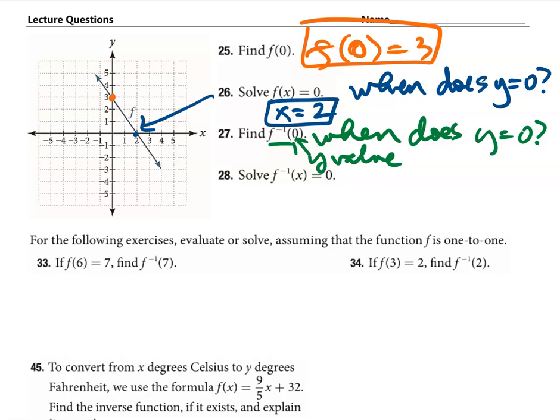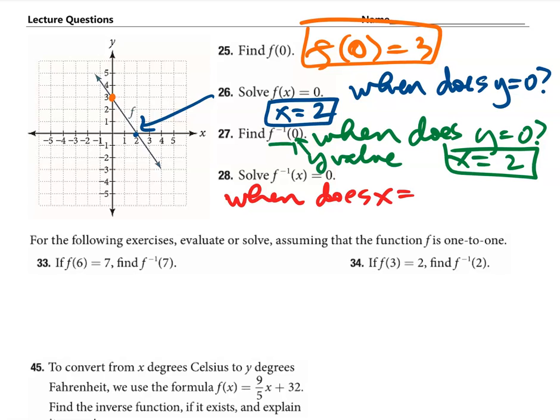That's a y value because it's in the inverse, f inverse of 0, that becomes a y value. And the answer is when x is equal to 2 also, the same. Now solve for f inverse of x is equal to 0. That is when x equals 0. So meaning f of 0 is equal to 3. Okay.